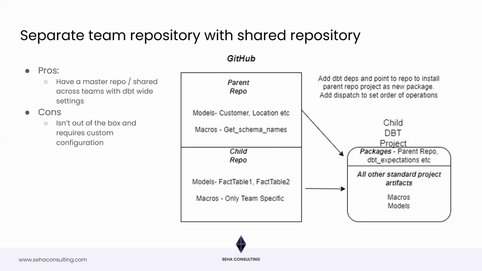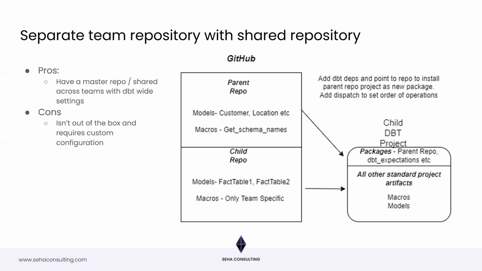Also with models, there might be some models that are shared across teams. Things like customer, the organization hierarchy, locations, those are usually data sets that are used by multiple teams, your marketing team, finance team, and so on.